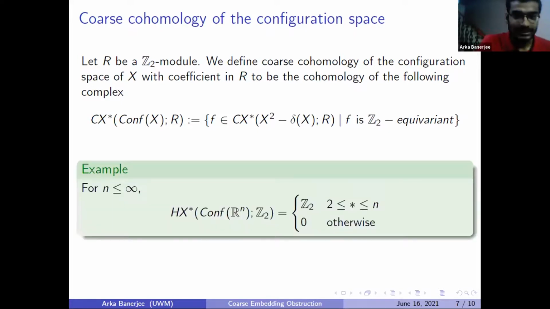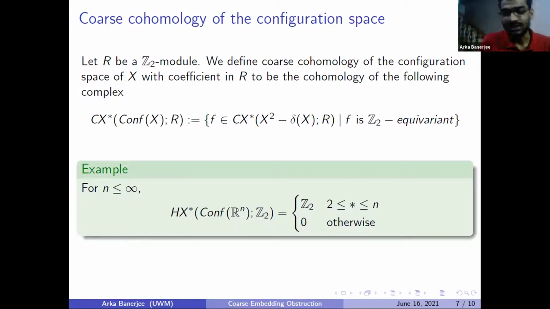Now let me give you an example. For R^n, the coarse homology of the configuration space of R^n is Z2 in degrees between 2 and n. It's a little annoying that in degree 1 it is 0, and the reason is that it corresponds to reduced homology.